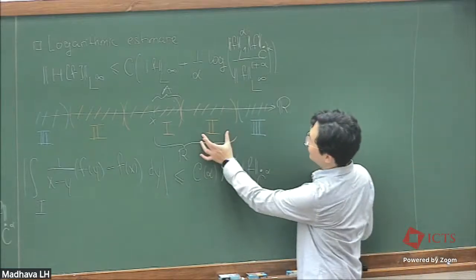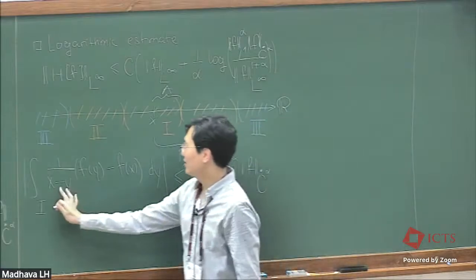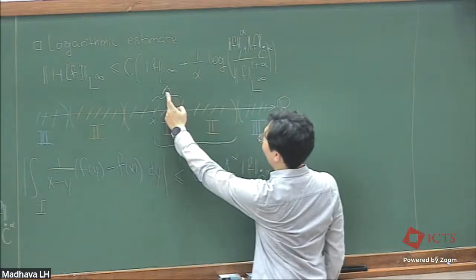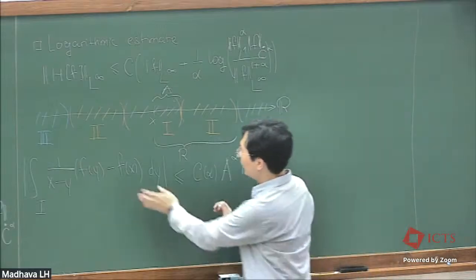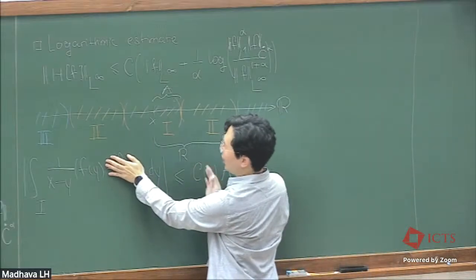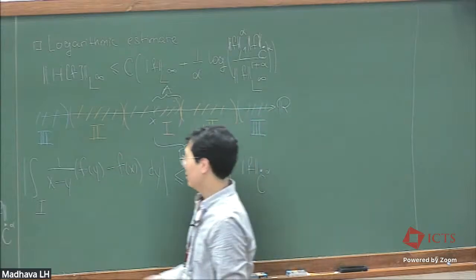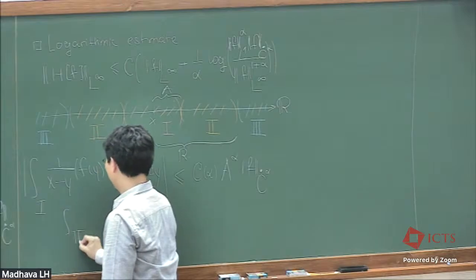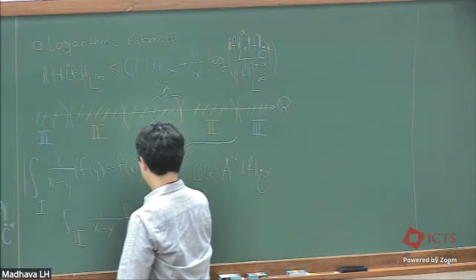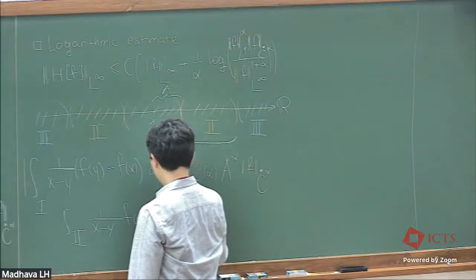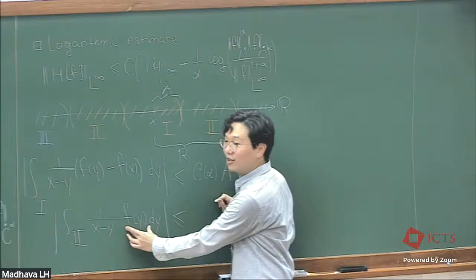Now you have the second region, where the distance ranges from A to R. You don't need to introduce it here because we are already away from the singularity, and you just estimate by brute force, using that f is bounded.